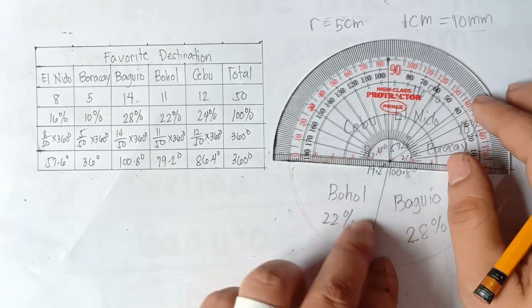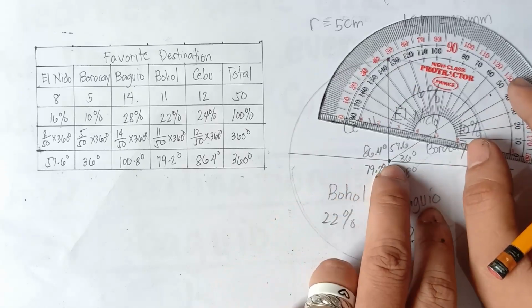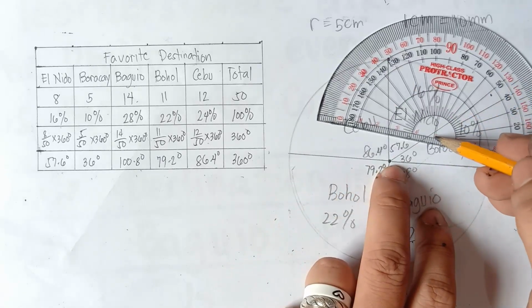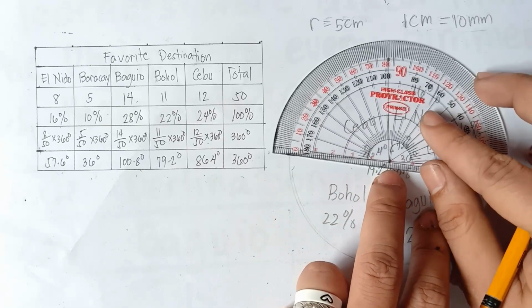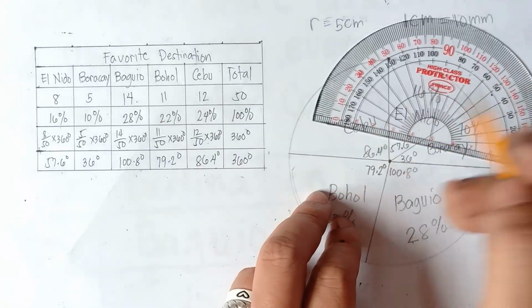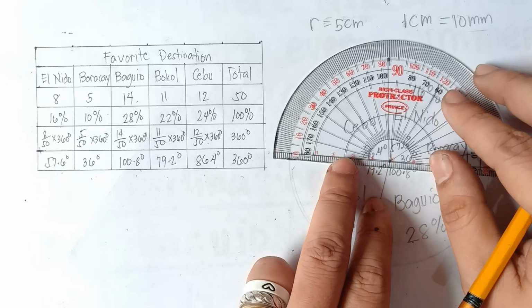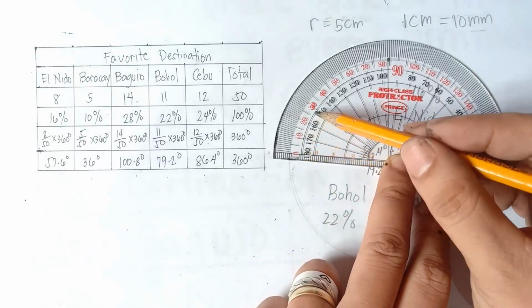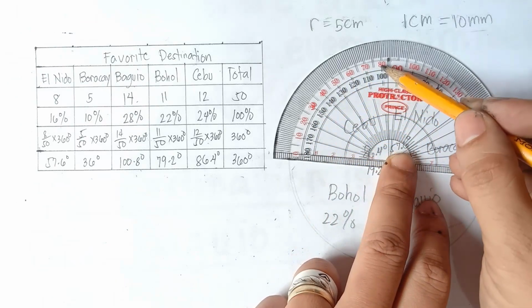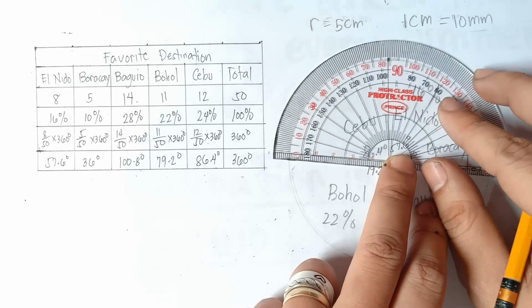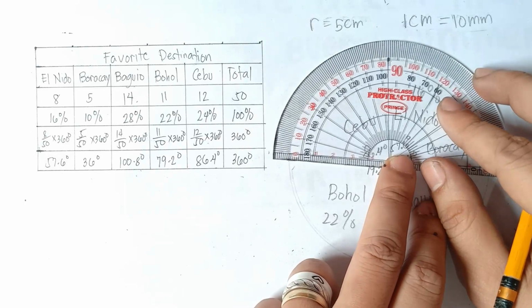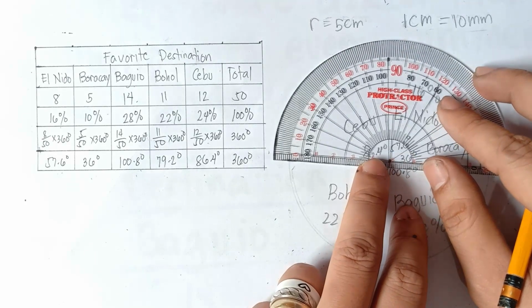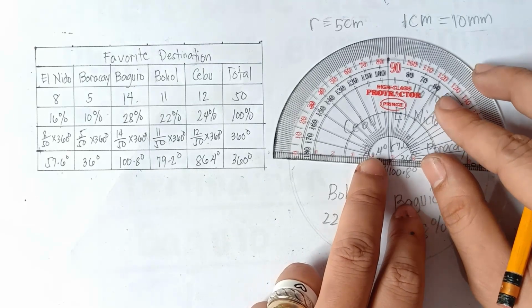So once again, double check, the center part of the protractor, you put it on the middle part, and then you align 0 in this particular line. As you can see, you have 0, then 10, 20, 30, 40, 50, 60, 70, 80, more than 85. Okay, once again, double check, class.